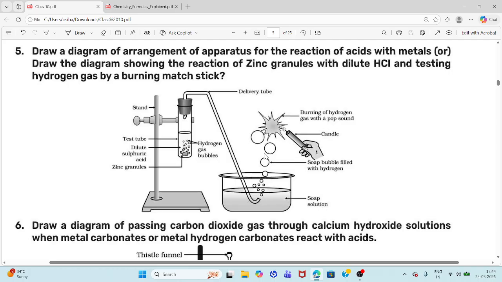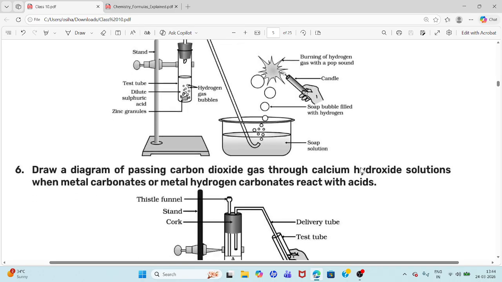These are all soap bubbles filled with hydrogen. When we burn the hydrogen gas with a candle, then we'll get a pop sound. This is a delivery tube. Everything you have to draw properly.